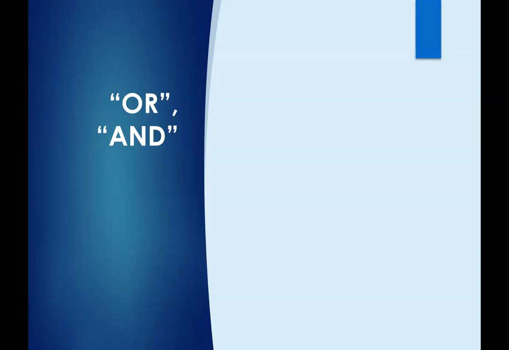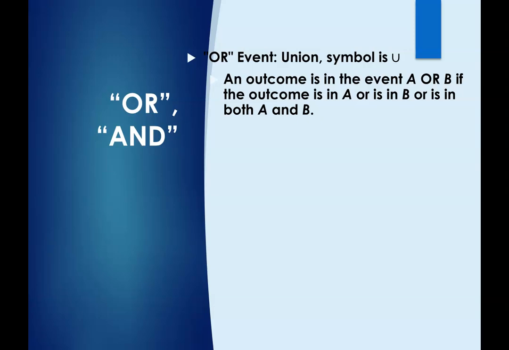Okay, now we're going to look at or and and situations. So our union and our intersection. Okay, as you may recall from the set lessons, we have or being the union. We use this symbol, it looks like an upside down U here, horseshoe.